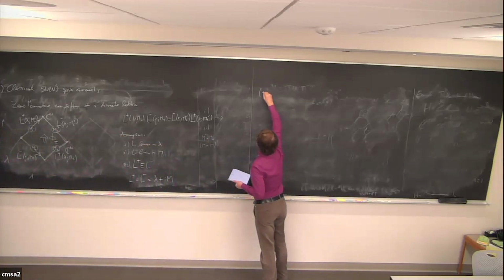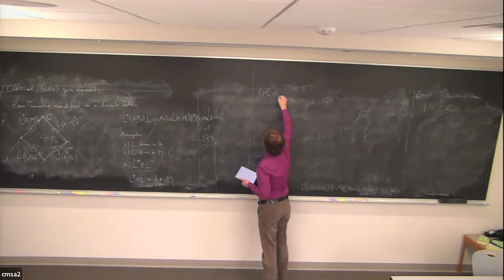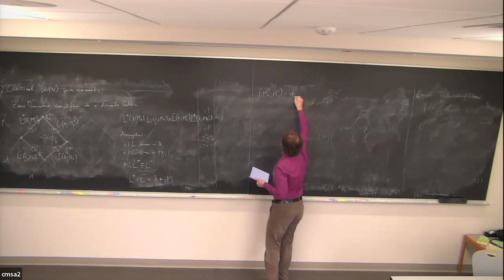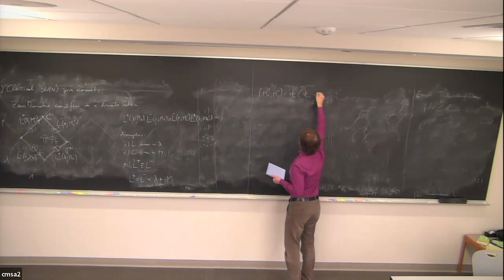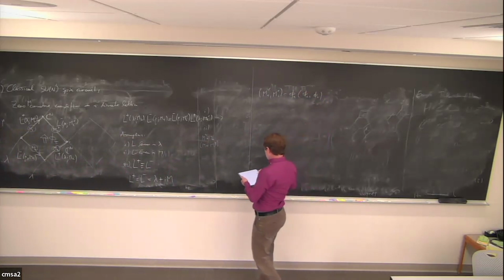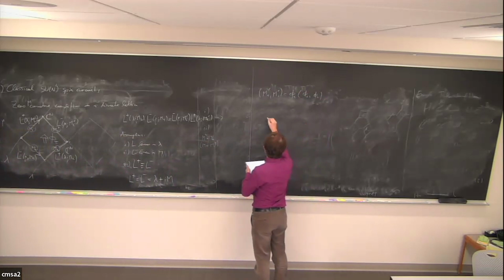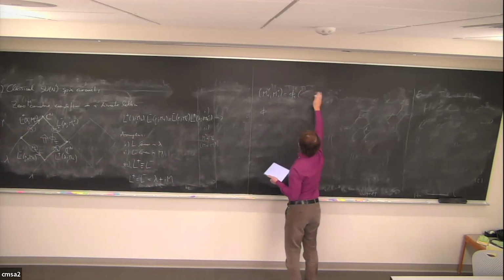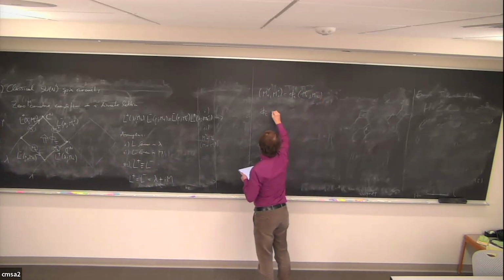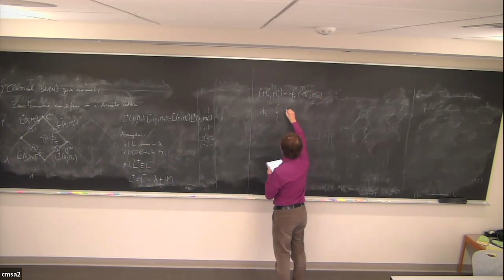So I will get M1 prime, M2 prime as a map of M1, M2, and the map is the following.